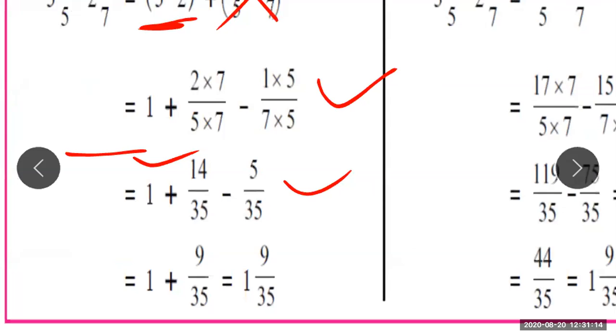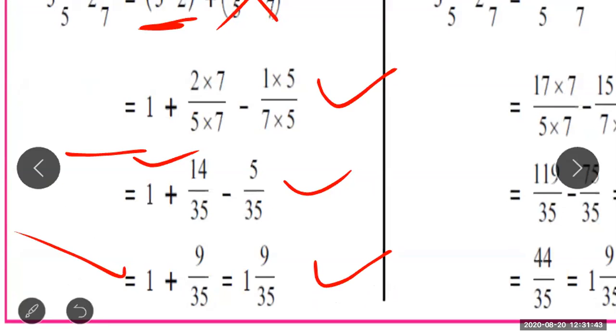You will write the integral part as it is, plus. Now 14 minus 5. 14 minus 5 is 9. So here you will write 1 and 9 upon 35. And the last step: you have to remove the addition sign and directly write 1 and 9 upon 35.